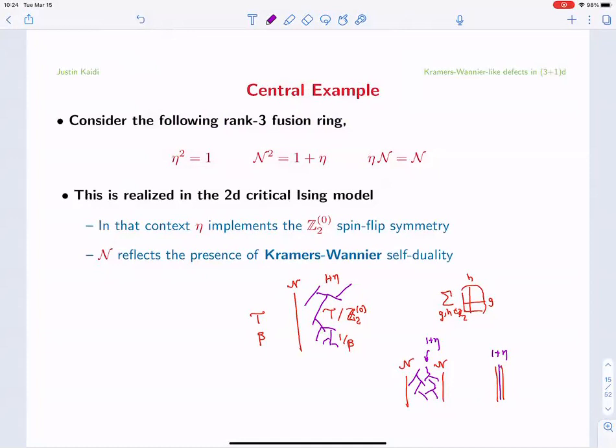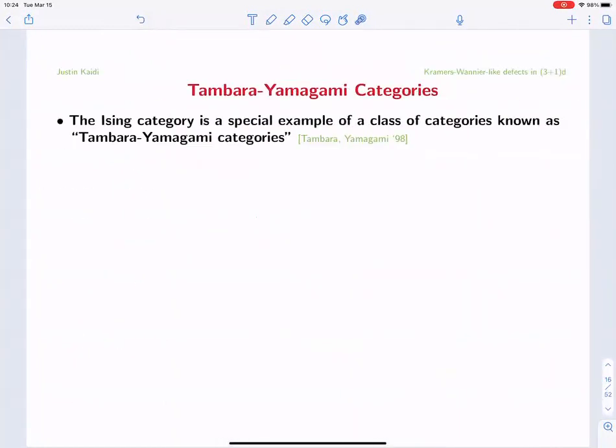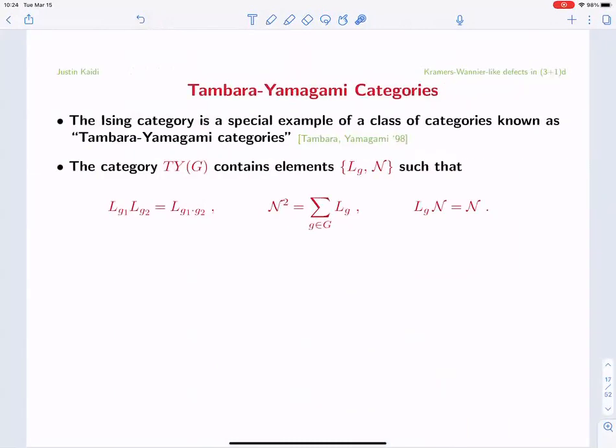Okay, great. So anyways, this Ising category is a special case of the Tambara-Yamagami category. Tambara-Yamagami of G contains elements which are just group-like elements, L_g, and then 1 non-invertible defect, N, such that the fusion is as follows.